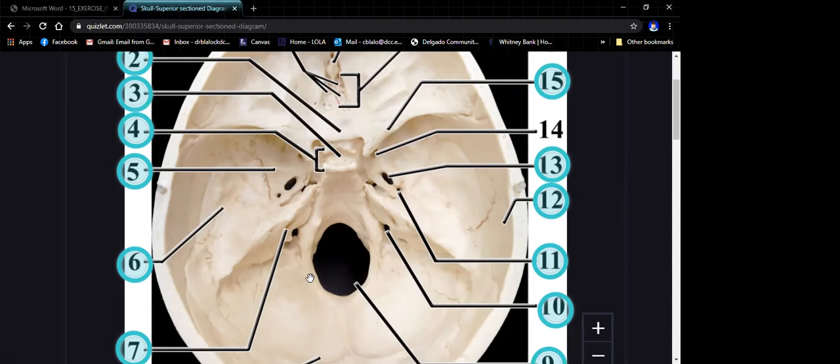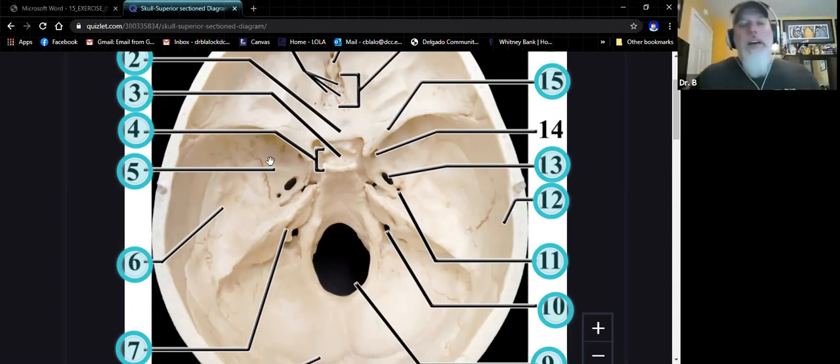So the greater wing of the sphenoid bone is on the sides of the butterfly shape? It's kind of, and again, when you see the video, it'll be a little easier to tell because I'm turning the video and I've got a pointer showing you where it is. In this picture, you lose the depth a little bit. This ridge of bone is higher, and this flattened out part right down here is set underneath it like this.